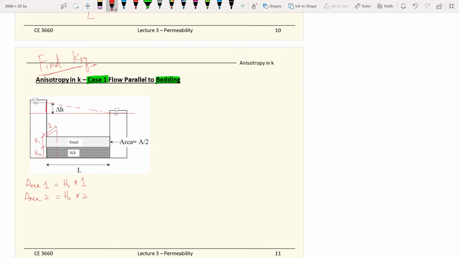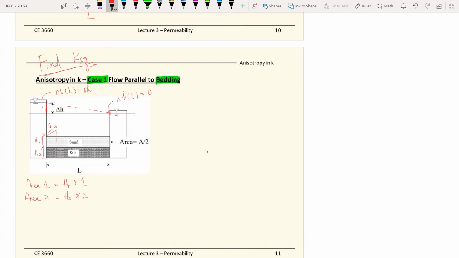At the upstream, the delta H, which now is a function of the travel distance, will be equal to the total head drop. And when the water exits the soil system, the head drop depending on the length again will be 0.